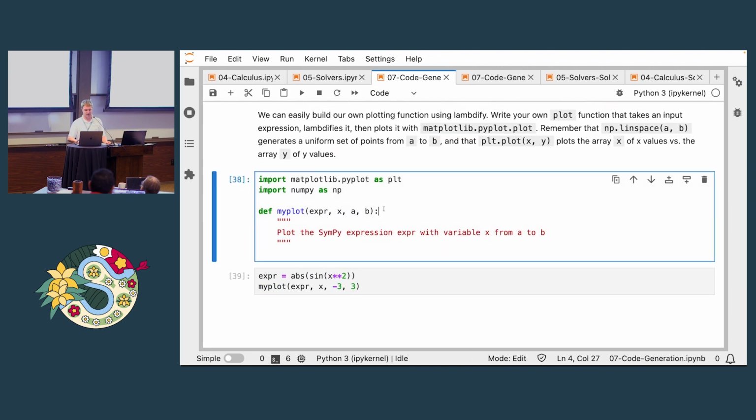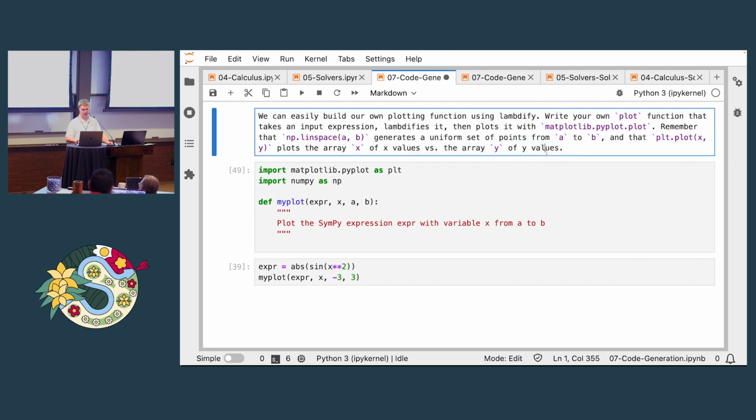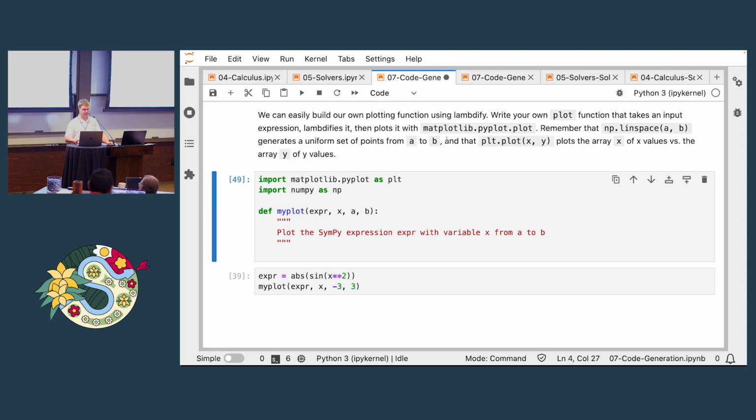And so as an exercise, write your own little toy plot function that lambdifies the expression and then plots it with matplotlib, this plt.plot function. And this paragraph goes into details on how that works if you're not familiar.